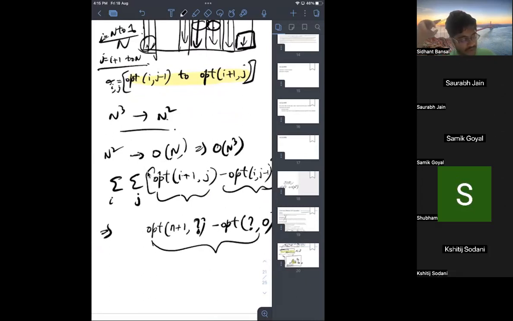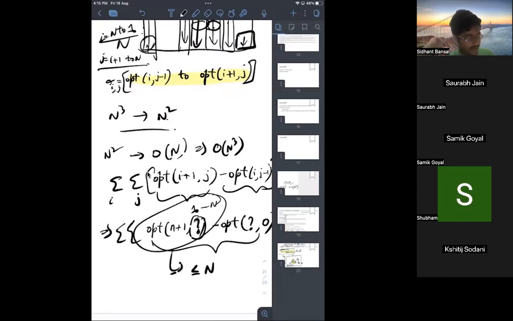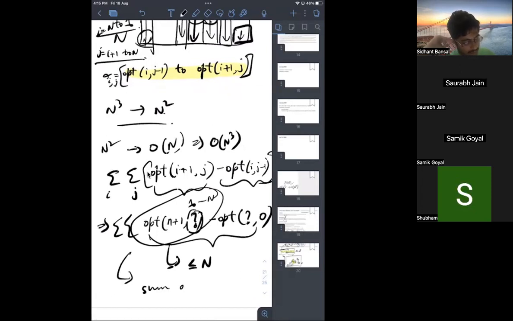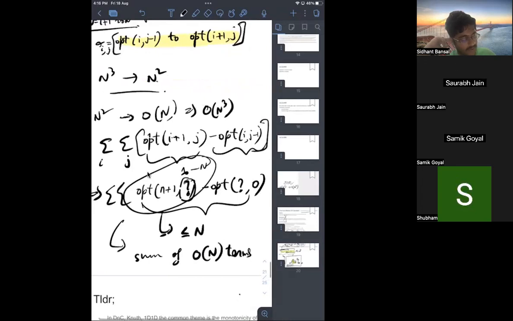And if you notice, the question mark can be anything from 1 to n. And all these values individually will be upper bounded by n. So the total complexity after the cancellations will be some order n terms, where each term is at most n.